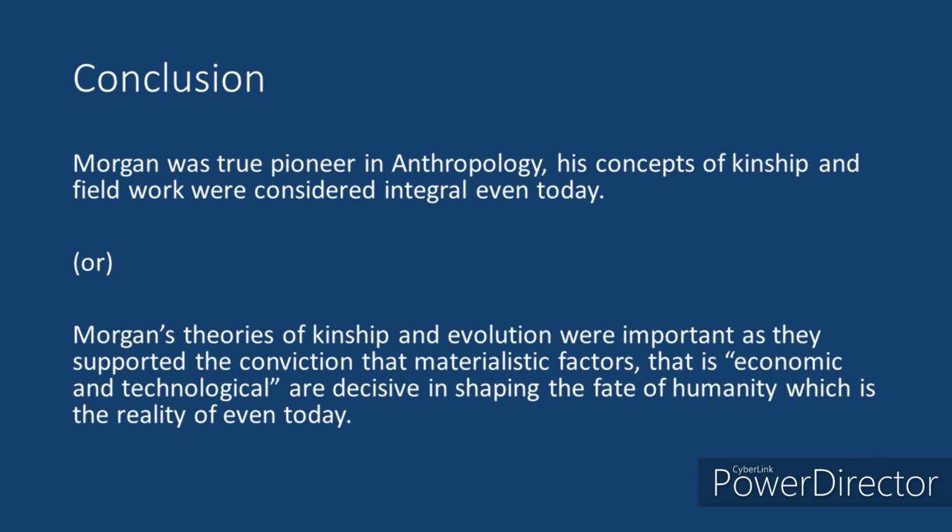The next one is that Morgan's theories of kinship and evolution were important. They supported the conviction that materialistic factors, that is, economic and technological, are decisive in shaping the fate of humanity, which is the reality even today.